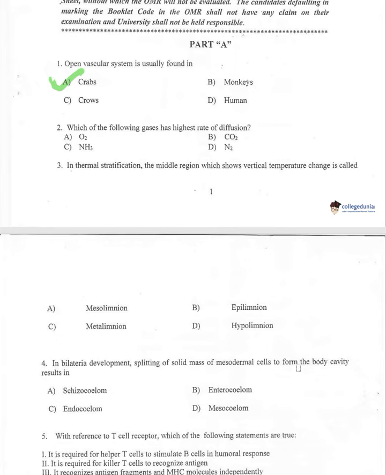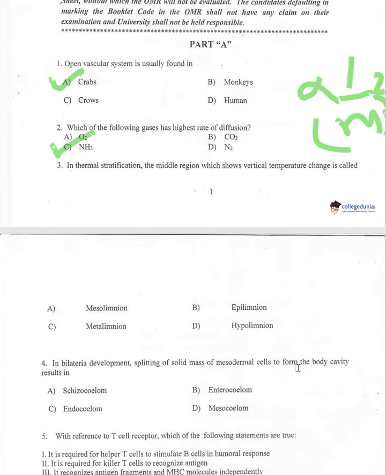According to this law, the rate of diffusion is inversely proportional to the square root of the molecular weight. Among these gases, the lowest molecular weight is that of ammonia, so the highest rate of diffusion will be for ammonia. So the correct answer is C, ammonia.